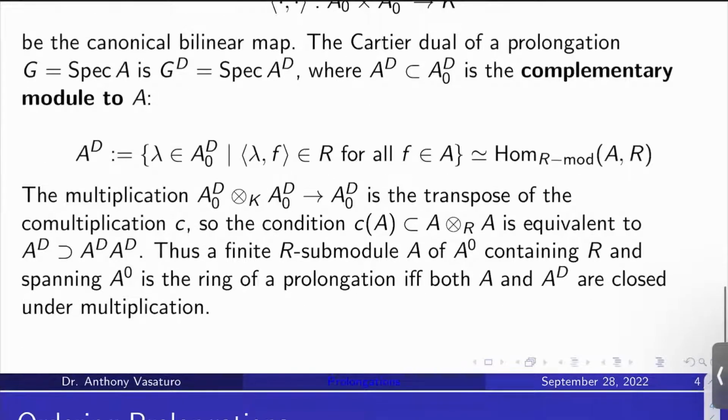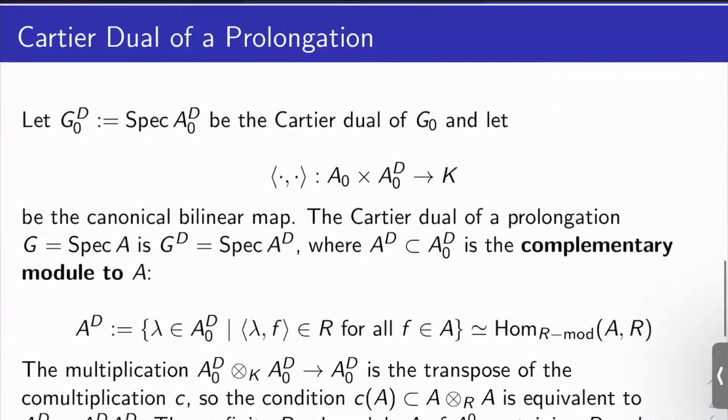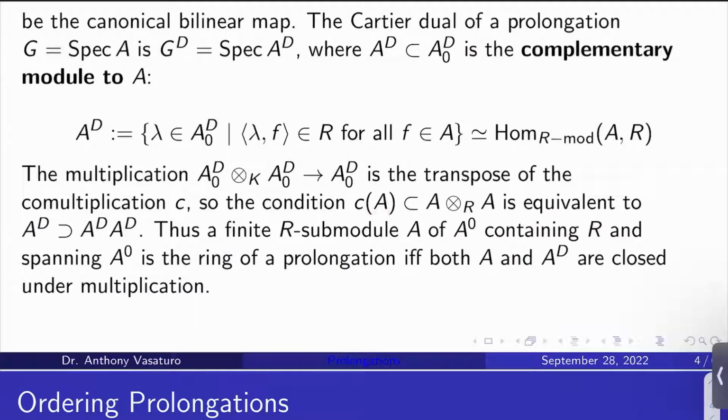Now, the multiplication on the dual ring here, the multiplication on AD0 tensor AD0 to AD0, is just the transpose of the co-multiplication C from before. And so this condition that popped up earlier, the condition that C of A is in A tensor A over R, what's that equivalent to? Well, it should be equivalent to the condition that AD is closed under multiplication. And the upshot of all this is actually pretty nice.